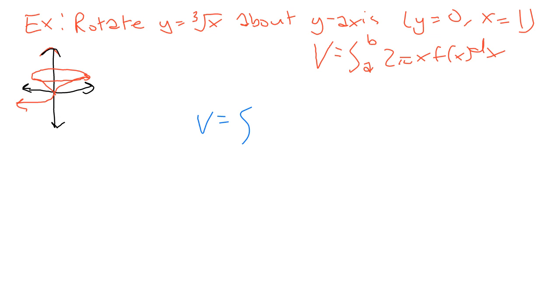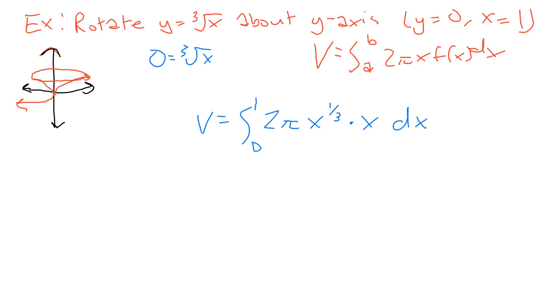We know that we're going to for sure have x equals 1 as one bound. The other bound, we have y equals 0, so we can just solve. So 0 is equal to cube root of x. So x is going to be equal to 0. And of course, it's just 2 pi times x to the 1/3, just because that's easier when we have to integrate for power rule, times x dx.